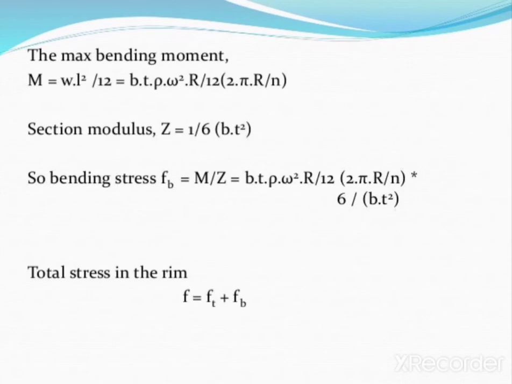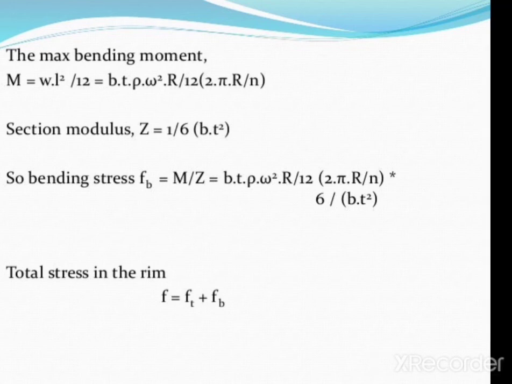Maximum bending moment M is given by W L square upon 12, which is equal to b t rho omega square r upon 12 into (2 pi r upon n) whole square. Then we obtain the section modulus and bending stress. Then the total stress in the rim is given by F is equal to Ft plus Fb.